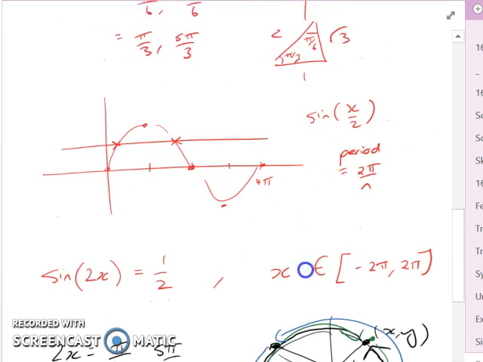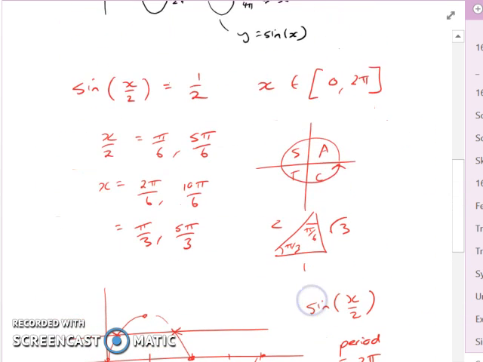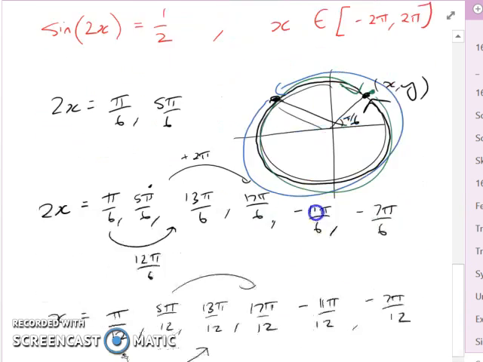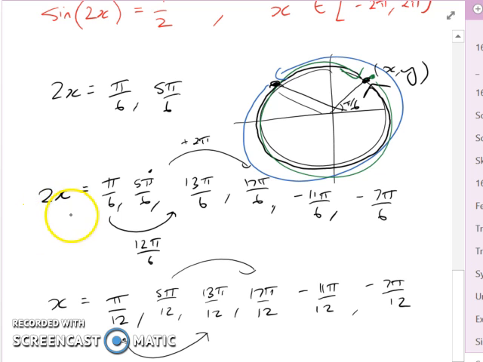So we've just added the period, and in this one the period's pi. So you don't have to do this 2x thing here. First, what you could do is divide this 2x by 2 both sides, and you get pi on 12 and 5 pi on 12, and then just keep on adding periods of pi until you get it within your domain. Okay?